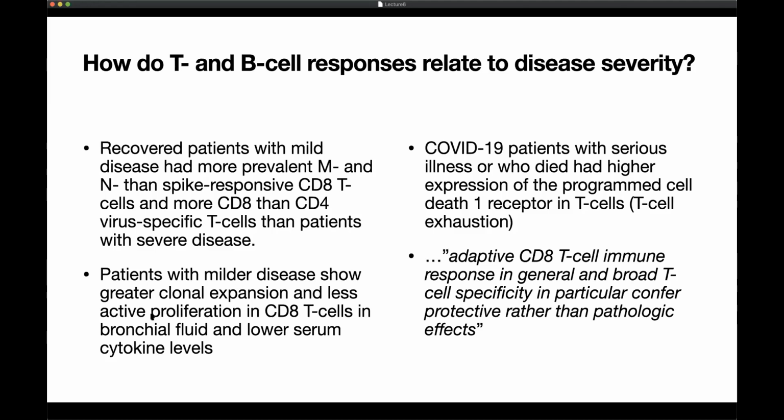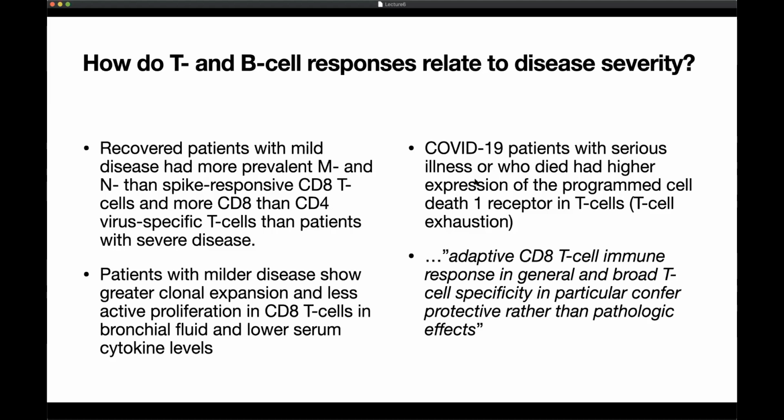If you have active proliferation, it means the immune system is still looking for a better target. So clonal expansion means you have a very effective fighting force, and all you need to do is make more copies of an already effective cell. Active proliferation means the immune system has to improve its weapons, right? So it has to develop better targets.